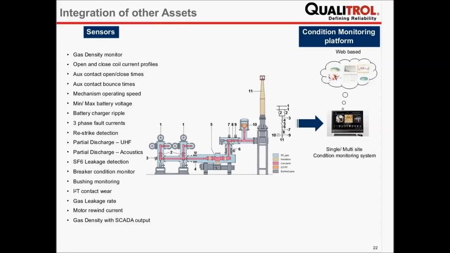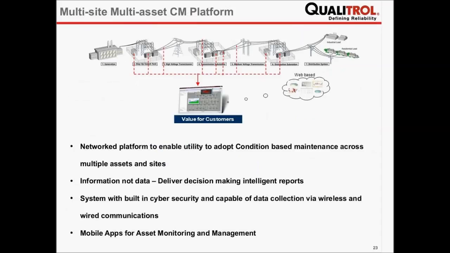So the same system can be used for analysis of the entire substation assets. So the future is a multi-site, multi-asset condition monitoring platform, a platform where data from all these assets, be it a transformer, a breaker, a battery, or a surge arrestor, is coming to a central location, getting analyzed, and utilities are using that system to do their condition-based maintenance.